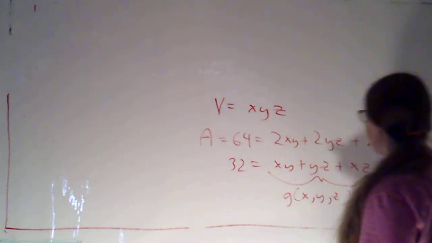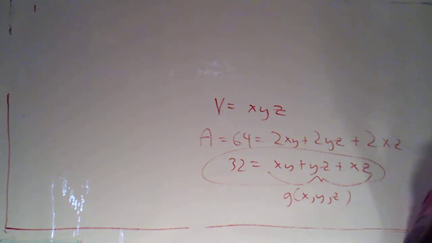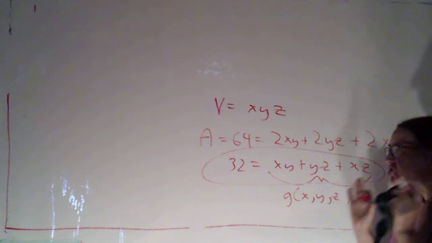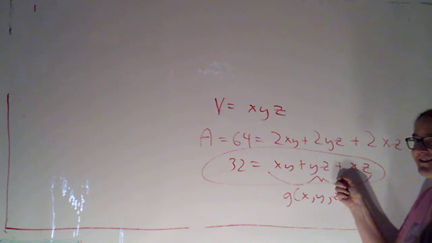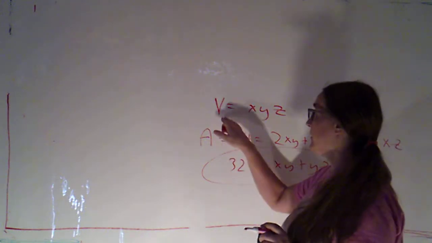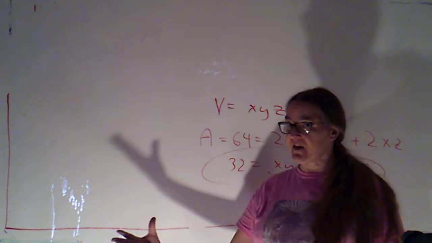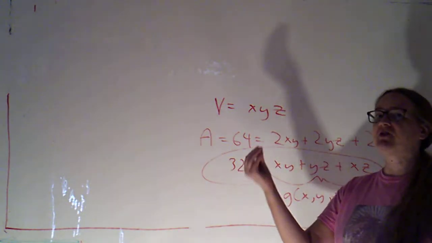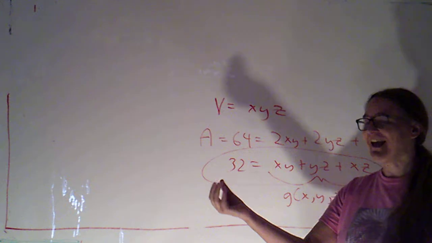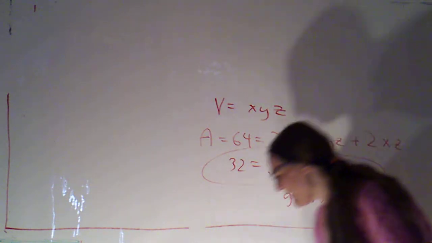Now notice my constraint is an equation, not an inequality. So I'm just working with points that are on this constraint surface. I don't need to check critical points for the volume as well. If my region that I was working on was described by an inequality, I would have to check critical points directly and then just also use Lagrange multipliers on the boundary.